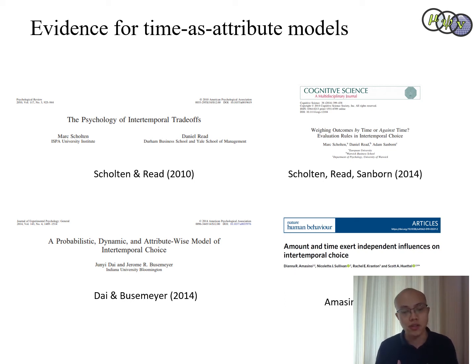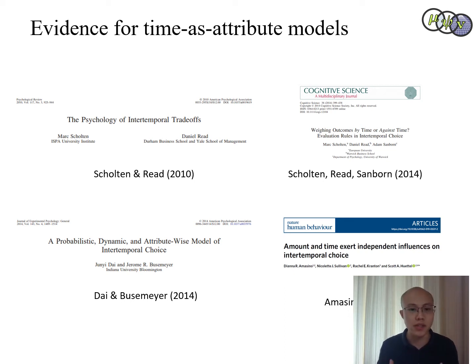Here they argue that many phenomena we observe in intertemporal choice experiments cannot be explained by discounting models, but can be explained by an attribute-based trade-off model. Later, in 2014, they presented more evidence to support this time as attribute model, called the trade-off model.